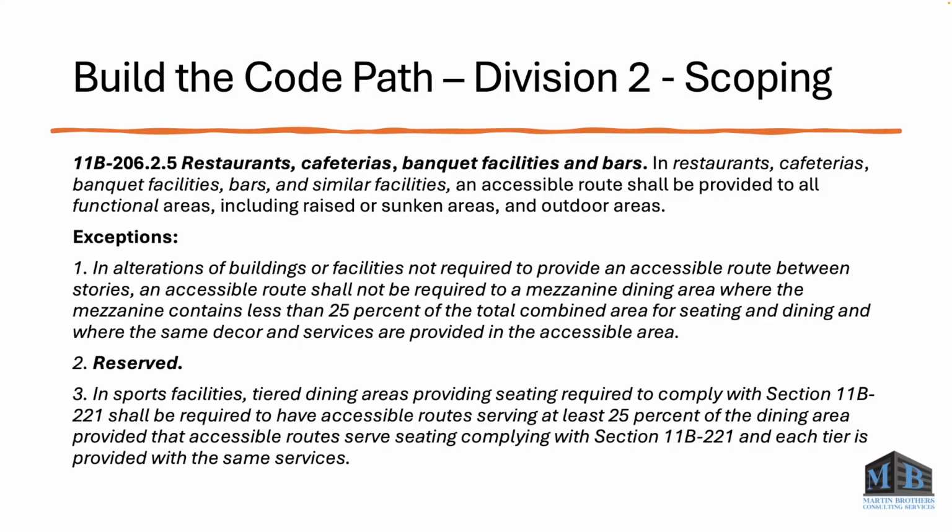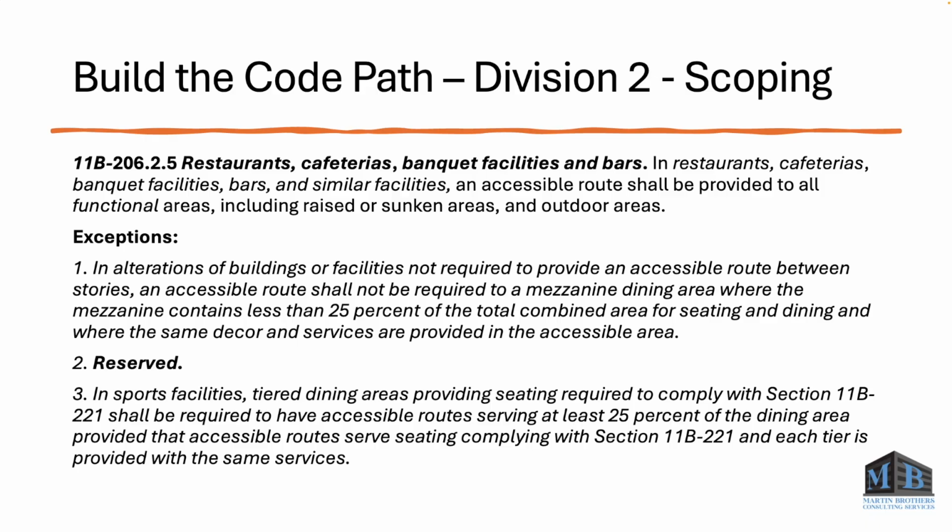We have 3 exceptions. Number one, alterations of buildings or facilities not required to provide an accessible route between stories, which we saw in some of the earlier slides. Number two, an accessible route shall not be required to a mezzanine dining area where the mezzanine contains less than 25% of the total combined area for seating and dining, and where the same decor and services are provided in the accessible area.